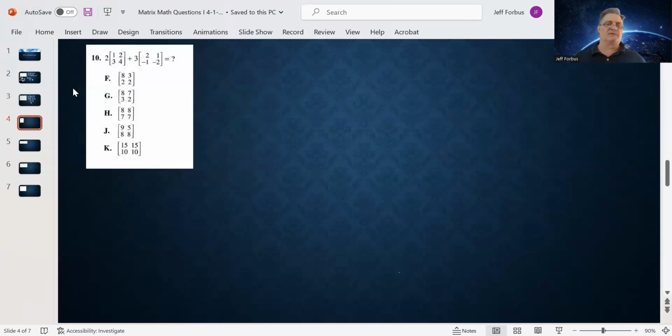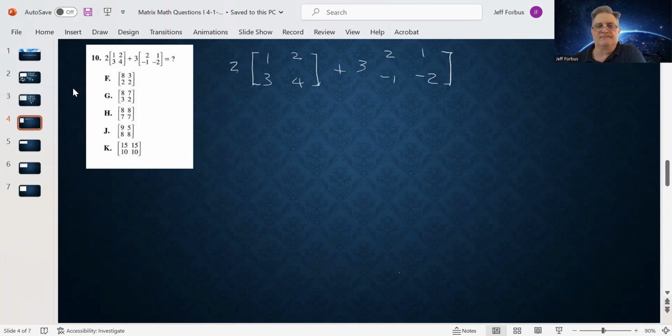Now notice we're multiplying both matrices by whole numbers. So that's the first step we're going to need to do here to get our result. So we're just going to take 2 times 1, 2, 3, 4 plus 3 times 2, 1, negative 1, negative 2.